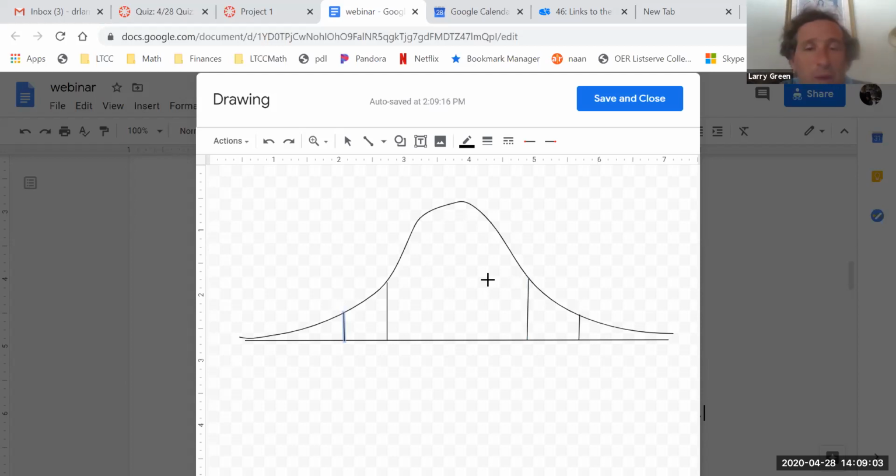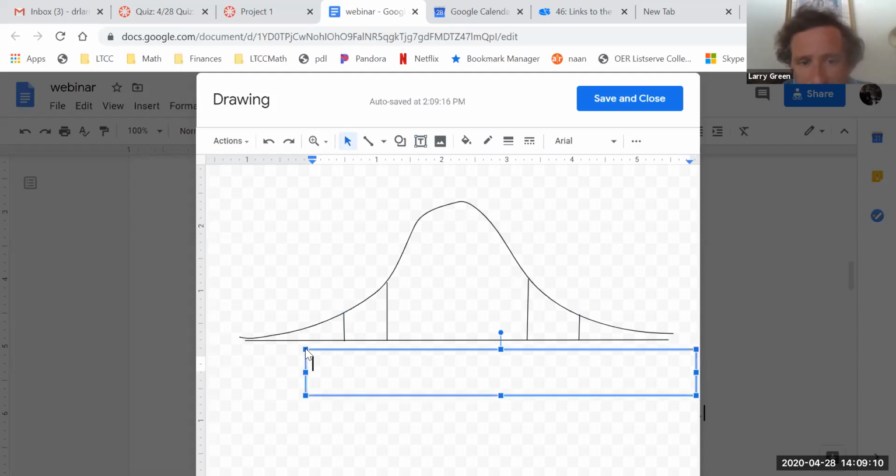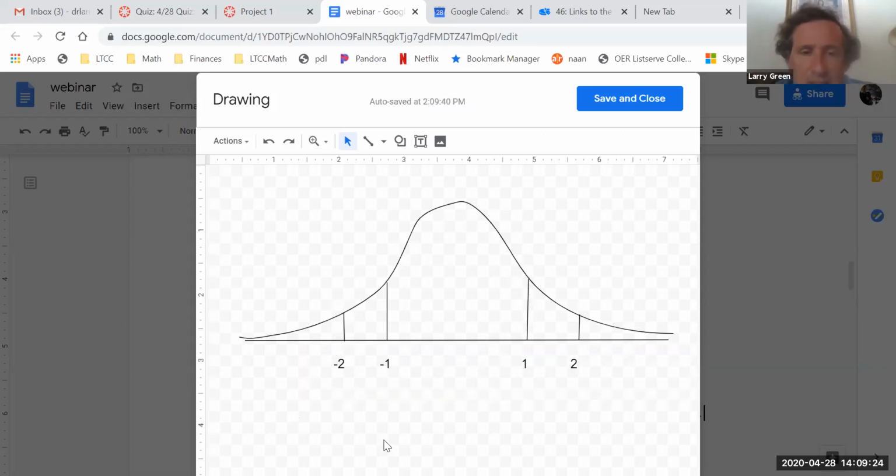I heard one group say, let's type in these numbers. So in case you forget what I just said, that's -2, that's -1, that's 1, and that's 2. Any questions on the picture so far?